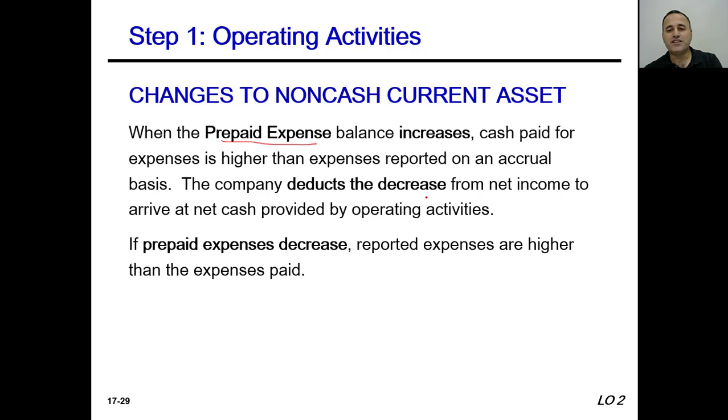The company deducts the increase from the net income to arrive at the net cash provided by operating activities. I'll give you some numbers and then you can easily understand it. If prepaid expenses decrease, reported expenses are higher than the expenses paid.